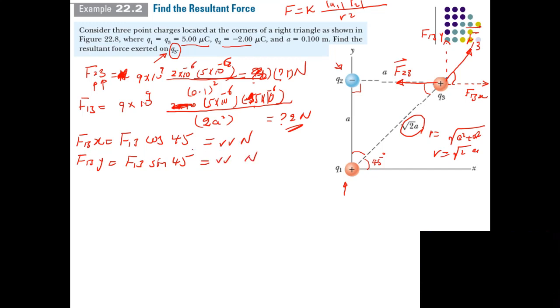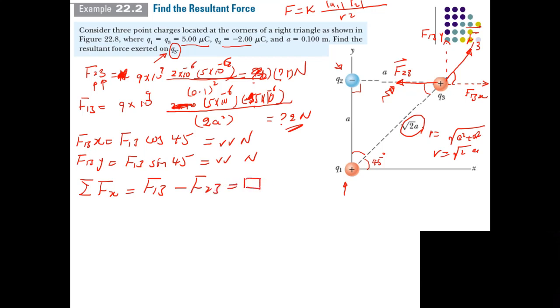Okay, so what's next? Well, next we need to find the sum of all the forces on the x-axis. We have F23, it's already on the x-axis but on the negative side, so the sum of the forces simply is equal to F13x in magnitude minus F23.